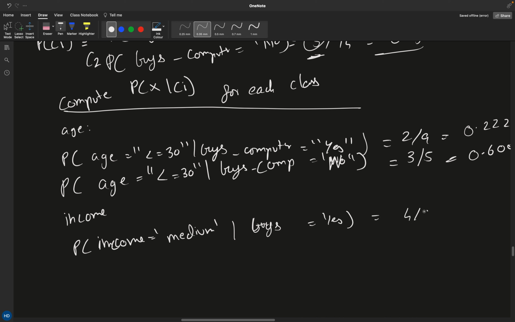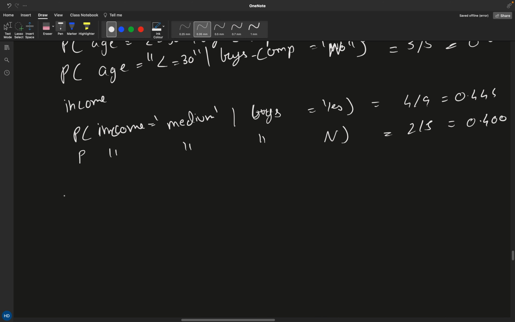That is what? 4 by 9. तो उसका आएगा 0.44. Now again, income, medium, buys for no is 2 by 5, which is 0.400. ठीक है. With that in place, we'll scroll down. Now income done, age done.